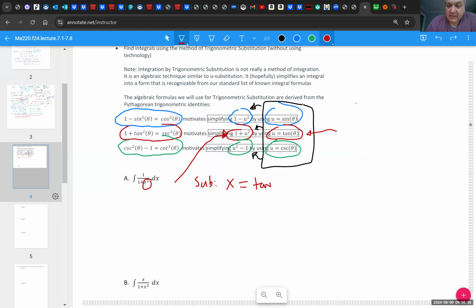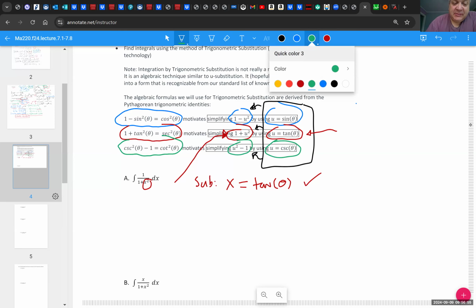Hopefully I can stay on track without having to erase so much. I'm using the substitution u is equal to tangent theta, where the u, the thing being squared, is just x. It's supposed to look much simpler than I just made it look with a couple of mistakes. Sorry about that.